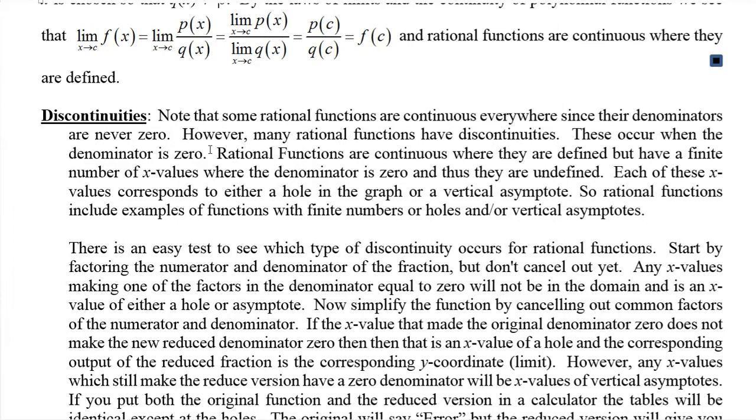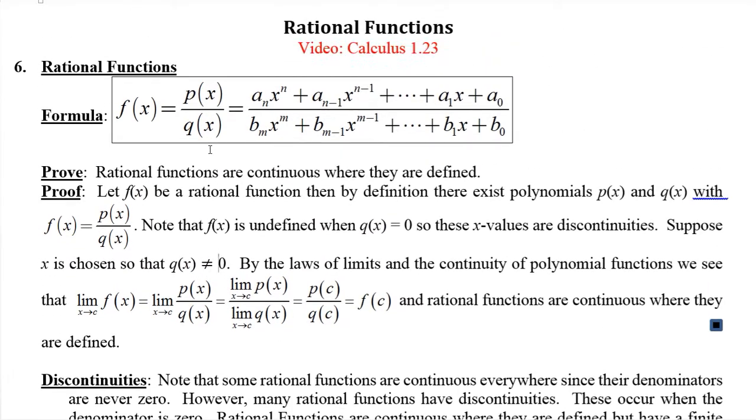So first of all, some of these don't have either one. Certainly polynomials are continuous everywhere, but there are certain polynomials that you might have in the bottom, besides just a constant polynomial, which are always non-zero. For example, you could just have, say, x squared plus 1 in the denominator. That's always positive.